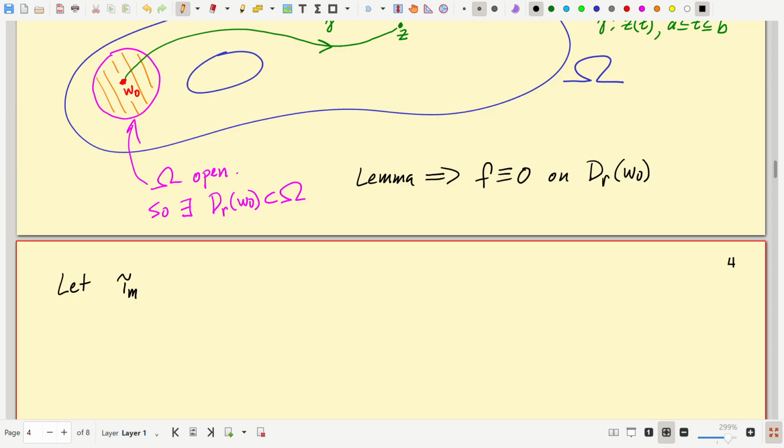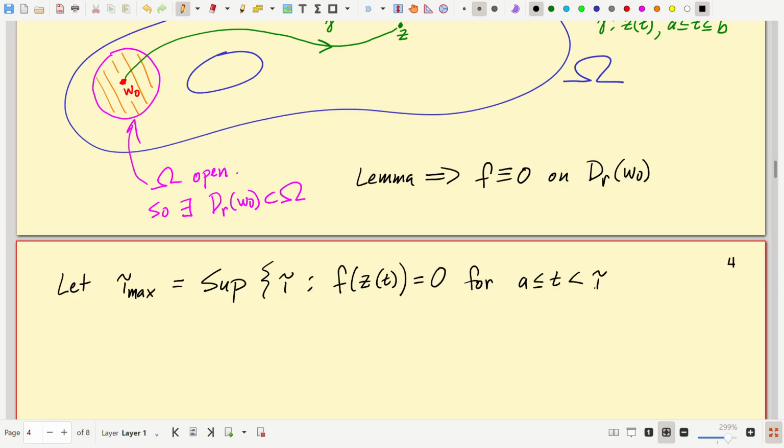I'll call it tau max, equal to the supremum of the tau such that f of z of t is equal to 0 for a less than or equal to t less than tau. So in other words, it's identically 0.